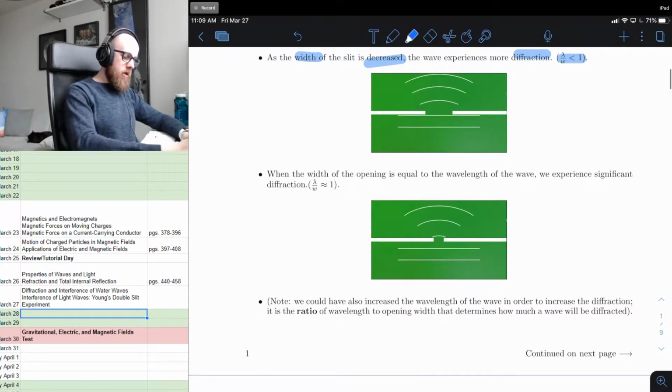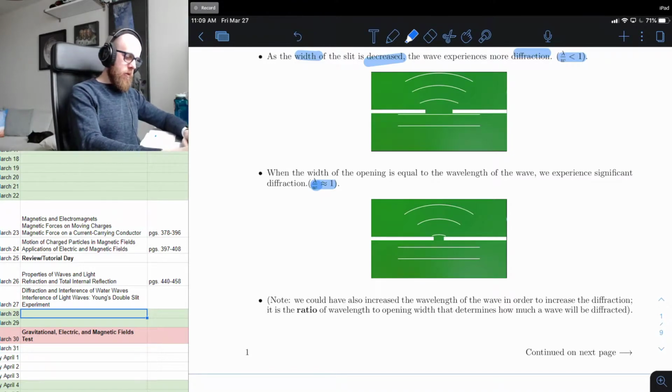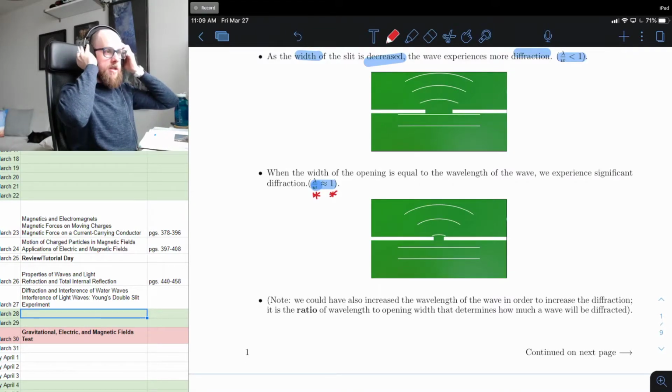As that ratio gets closer to 1, essentially the diffraction experienced by the wave becomes greater. To determine how much diffraction there will be, we focus on this lambda over W ratio, the ratio of the wavelength to the spacing of the opening.